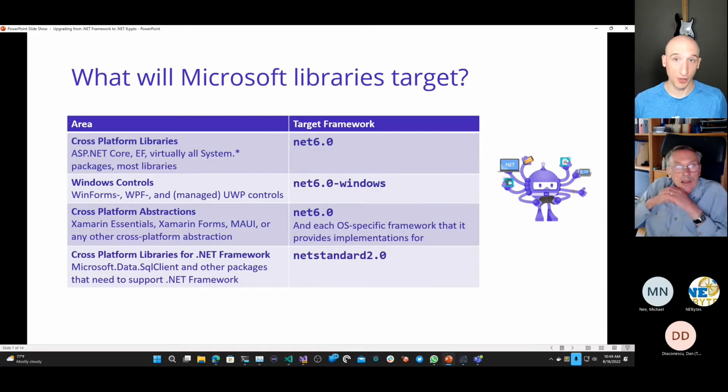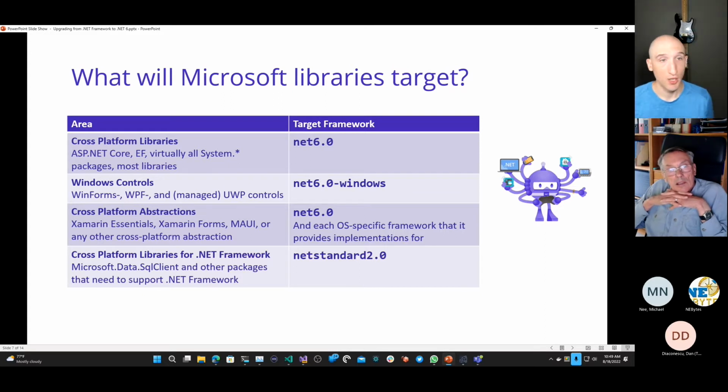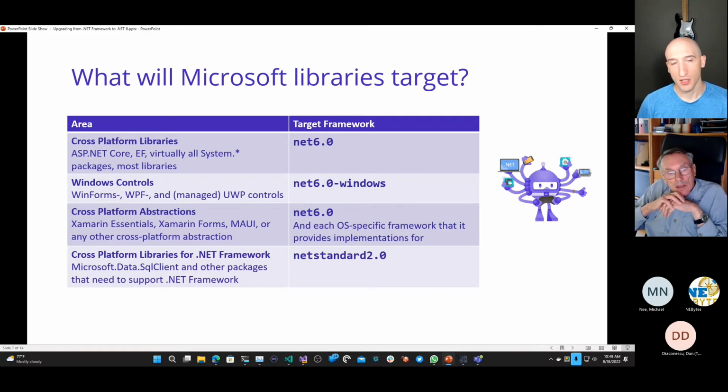So when we build applications, what libraries should we be targeting? If you're building cross-platform libraries today, for instance, ASP.NET Core, Entity Framework, or basically anything under the System namespace, you want your target framework to be 6.0.